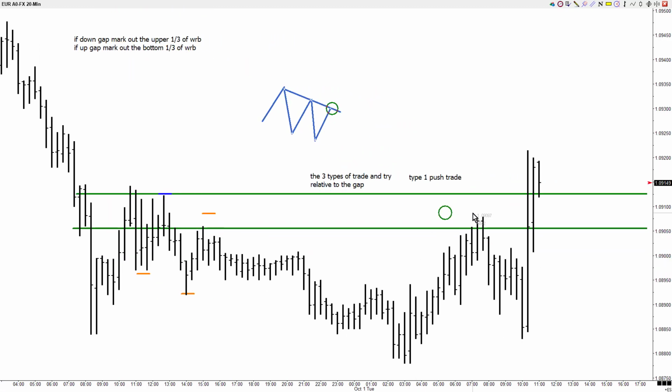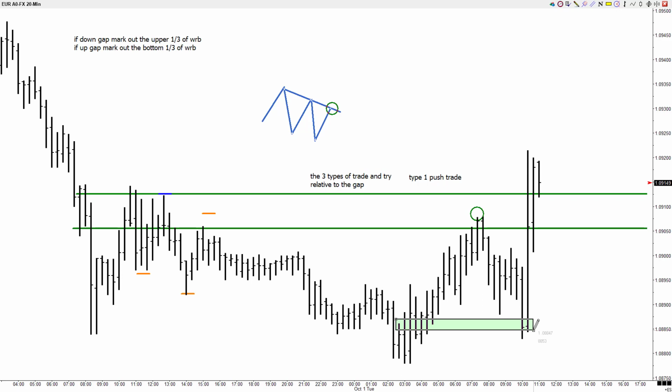Now we learn. Boom. They tried to push it. So rather than just saying it should do this or it should do that, there are certain contexts which set up which trade would probably be most appropriate. But here, the gold in this is you have the ability to mark something out and then learn. Right? Price will teach us.